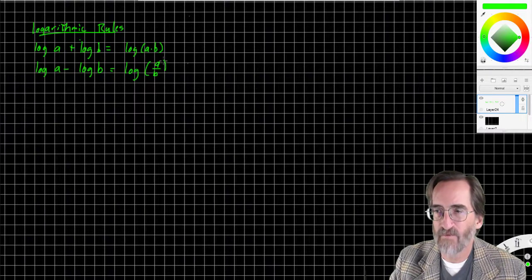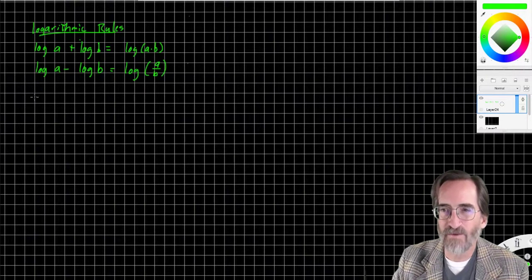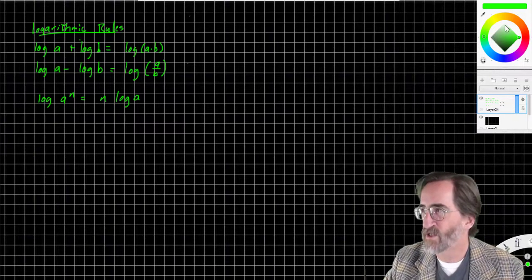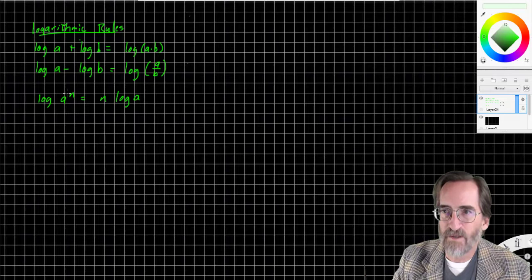Then there's the power rule, and this is a really powerful one. This is a really important one to remember. The log of A to the n is n log A. That is, you can take an exponent on the argument and move it down in front.